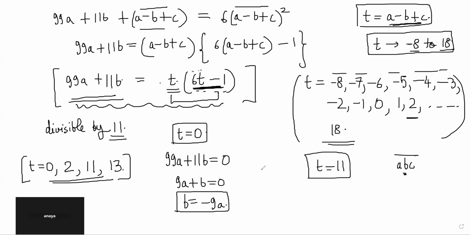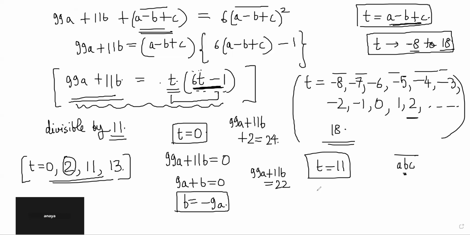So this doesn't work. Similarly, if you try t equal to 2, so a minus b plus c is equal to 2, I'm getting 99a plus 11b plus 2 is equal to 6 into 4, 24. So I'm getting 99a plus 11b is equal to 22.